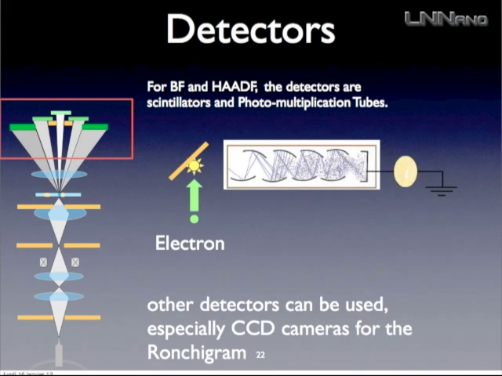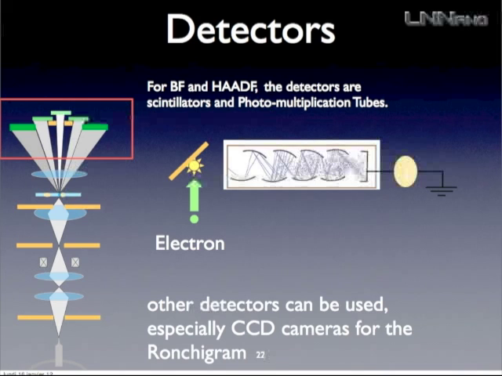And these photons are sent to a photomultiplier tube, which is a system which has a very, very high gain. So it's a very sensitive system, and it's also very fast. So every time an electron hits the scintillator, photons are emitted that can be detected by the photomultiplier.